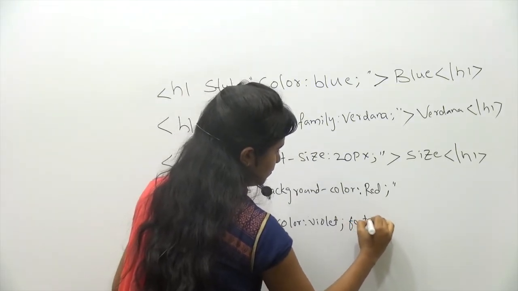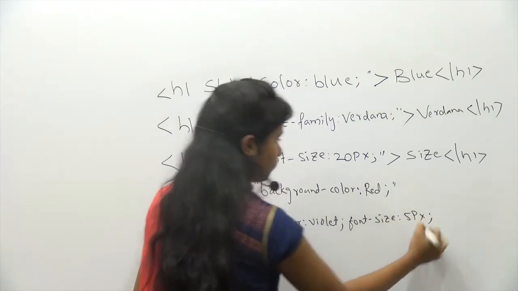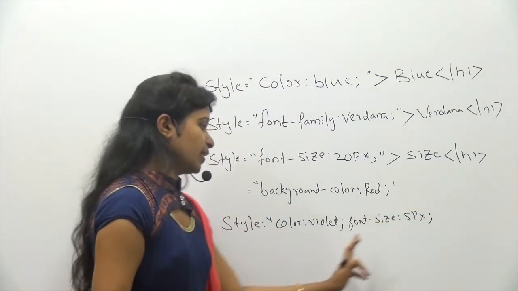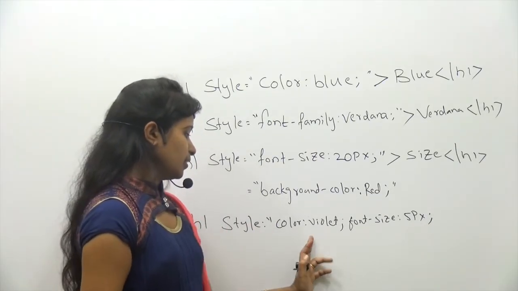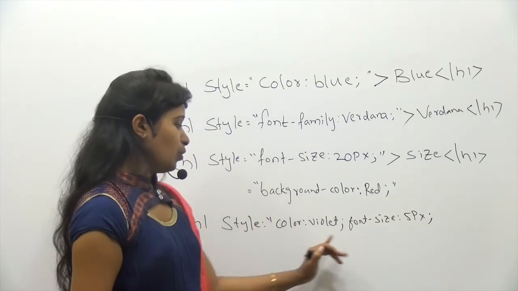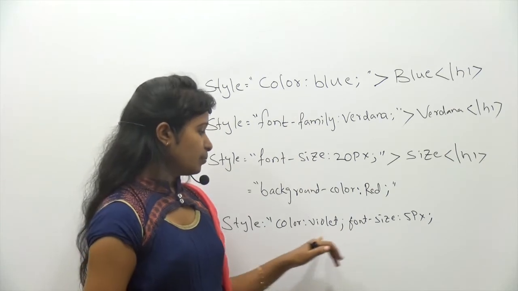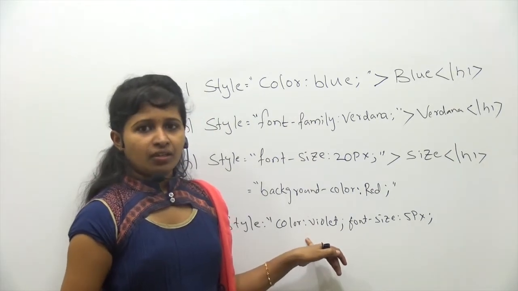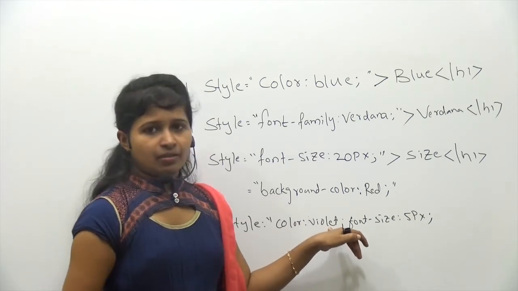Font size 5 pixels. Each and everything ends with a semicolon. See, this is ended with a semicolon, and after this it has to be ended with a semicolon. What does the semicolon say? It says that it terminates one statement.